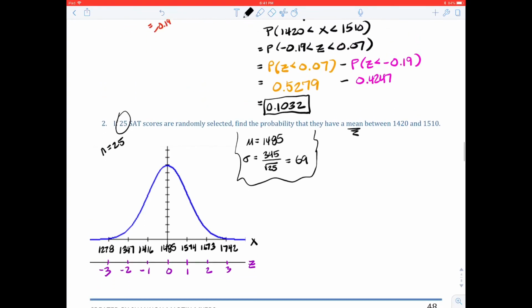So if we find the z-scores, we're going to have Z1 will be 1510 minus 1485. And this time it's divided by 69. And that's going to be approximately what?